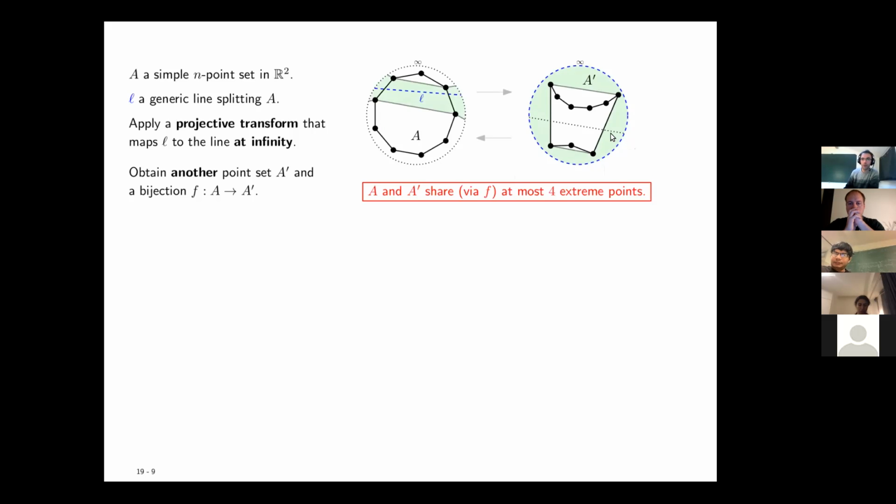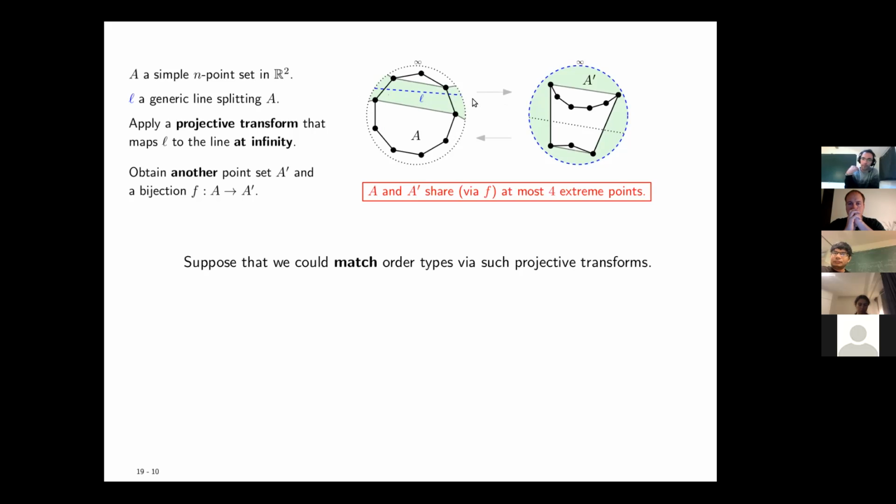If you transport this region, it's a union of lines, so a projective map will transport it into this funnel here. What are the vertices in this funnel that can be touched by a line without going over a vertex? Only the vertices of the 2 edges that L is intersecting. So that's at most 4.